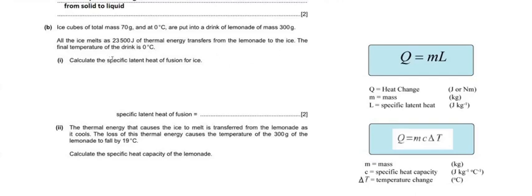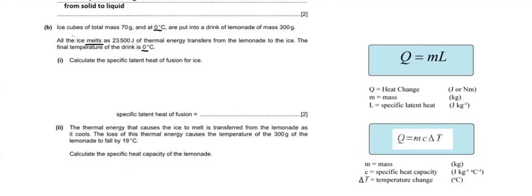The final temperature of the drink is 0 degrees Celsius. So you can see the observation: the ice melts, and it acquires 23,500 joule of energy, and the initial temperature is 0 degrees Celsius, the final is also 0 degrees Celsius.